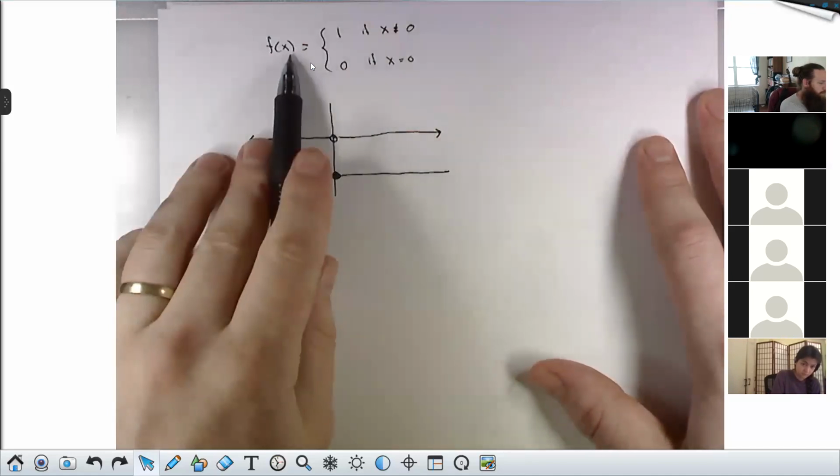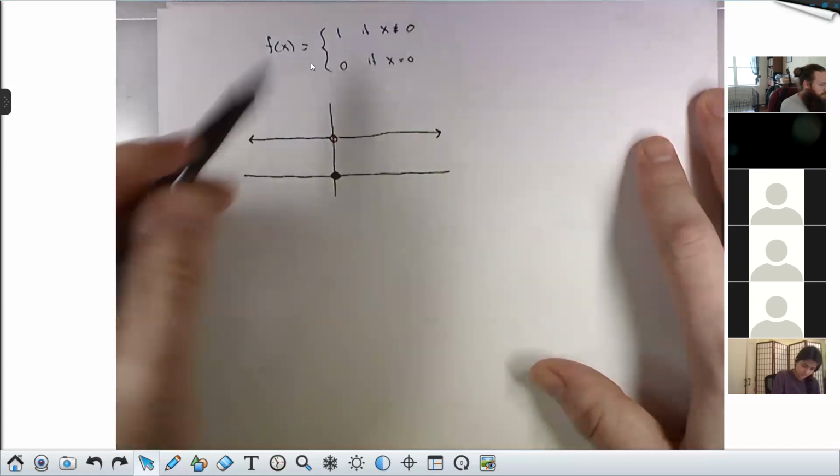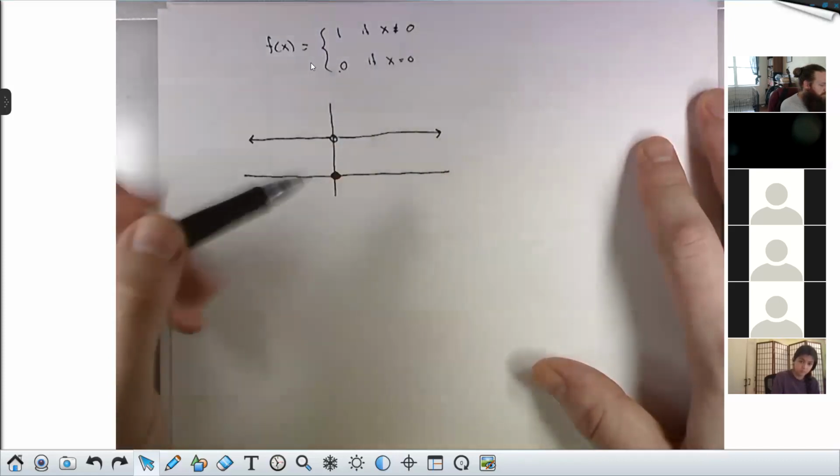F of x, the output, is equal to 1 if x is not equal to 0, and it's equal to 0 if x is equal to 0.